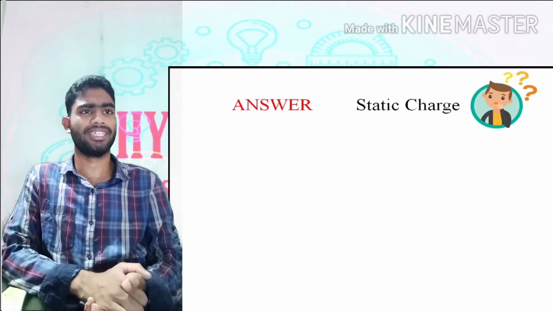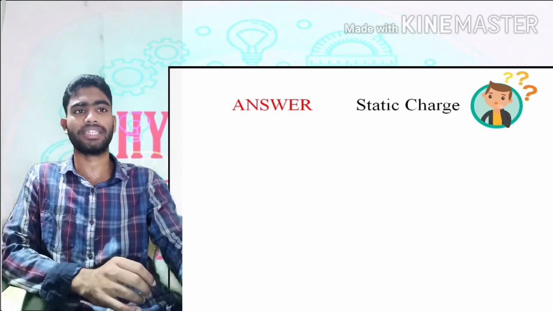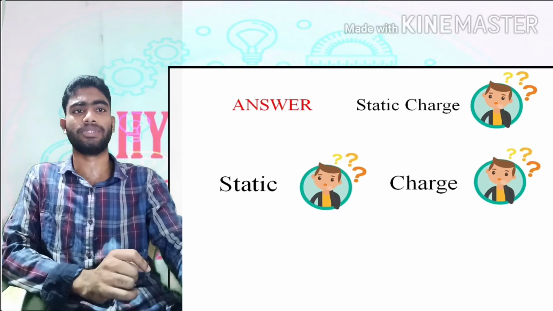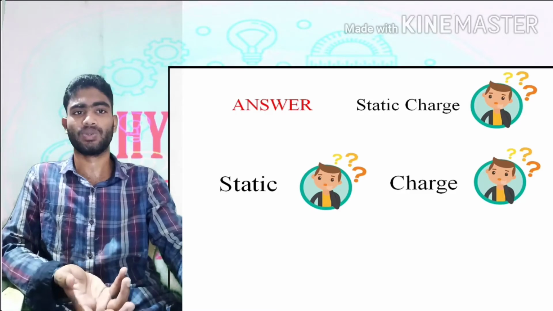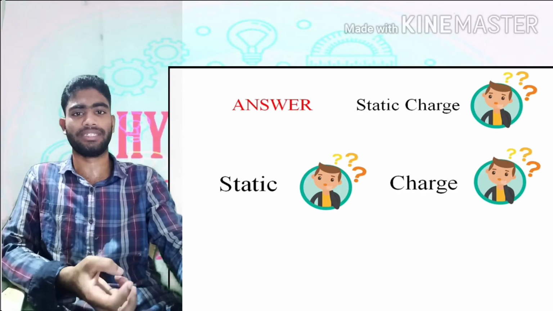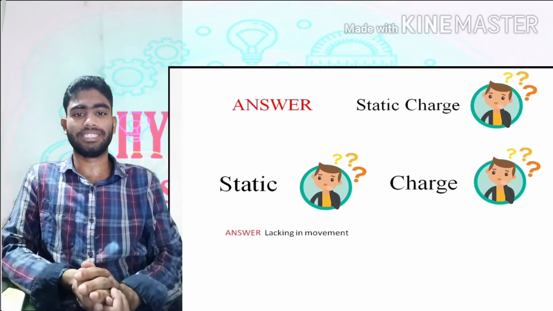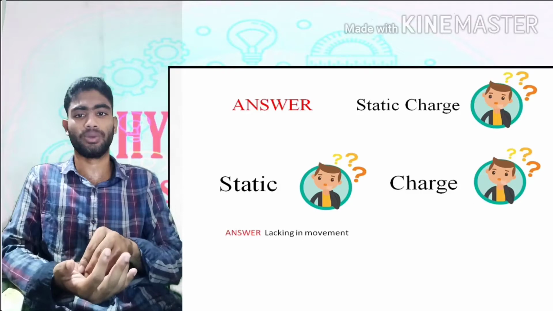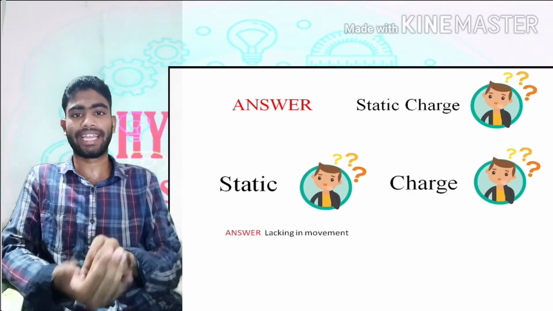But you would think, what is static charge? What do you mean by static? What is charge? You may have a little confusion about that, so let me clear your doubts. Static means fixed, which cannot move, or stable, or unchanged, lacking in movement.